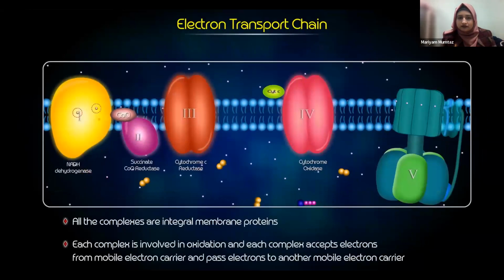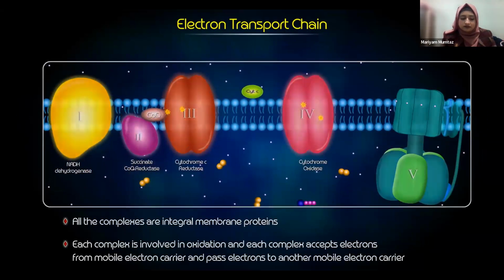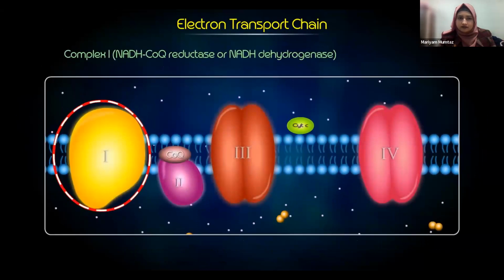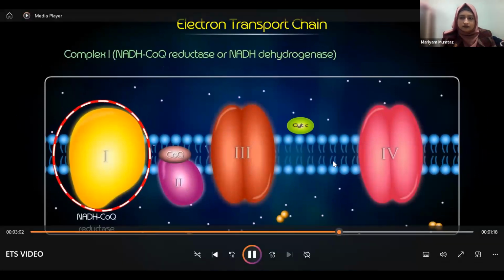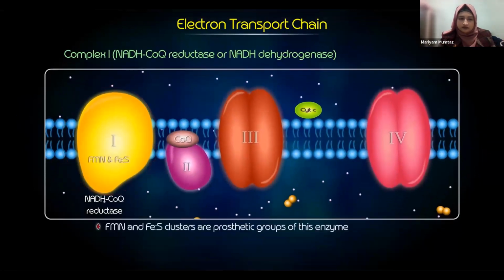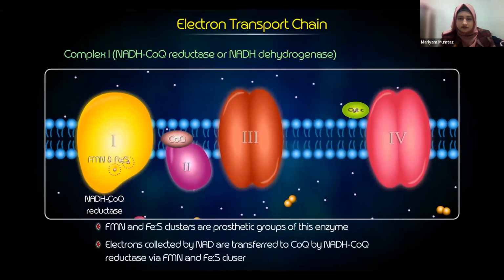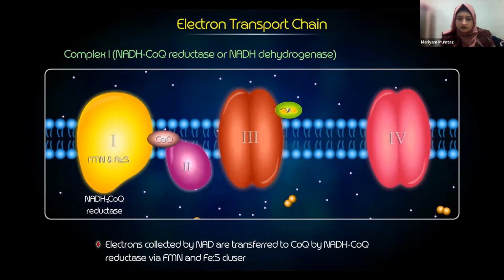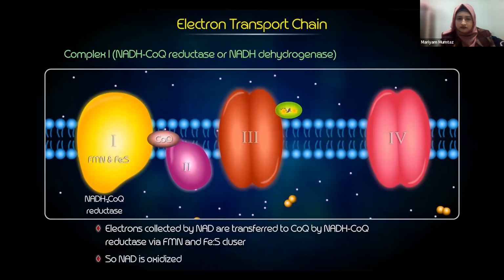Each complex is involved in oxidation, accepts electrons from a mobile electron carrier and passes electrons to another mobile electron carrier. Complex 1 is NADH coenzyme Q reductase or NADH dehydrogenase. FMN and iron sulfur clusters are prosthetic groups of this enzyme. Electrons collected by NADH are transferred to coenzyme Q via FMN and iron sulfur cluster. So NADH is oxidized.